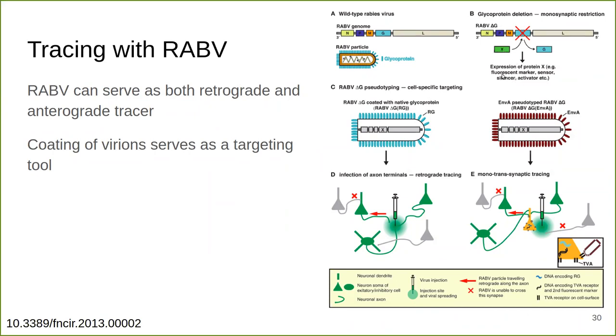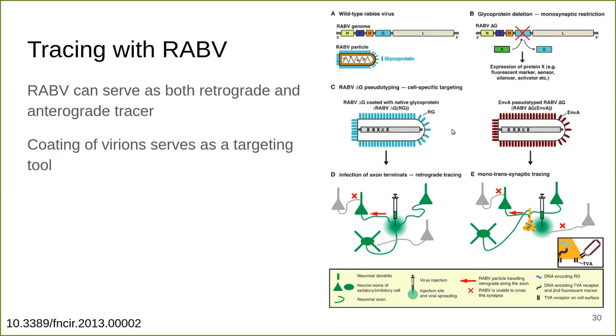So it might be some kind of fluorescent marker, but also you can utilize whatever payload you would want. And the way you introduce it into the rabies virus is that you need to substitute one of the proteins of the virus itself with this useful payload.